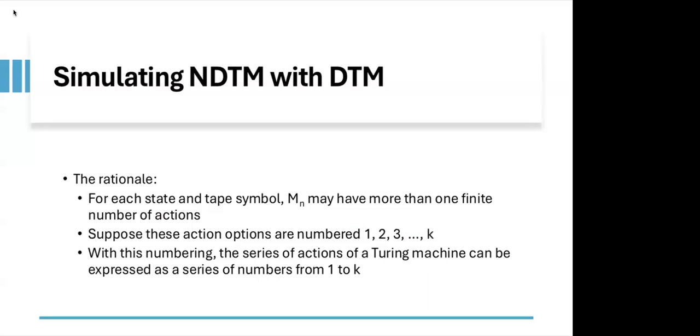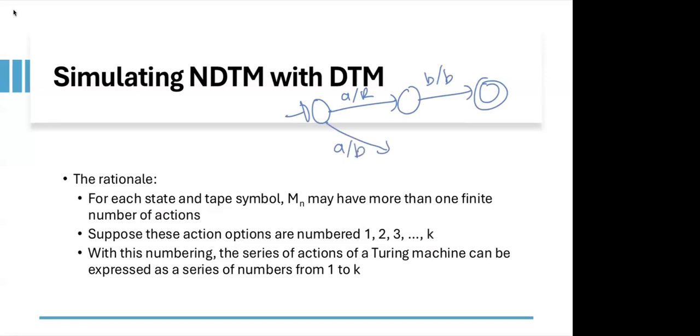So for example, I have this here. If I read A, we move to the right, for example. And here, if we read B, we go to halting, for example. But if we read A, we can also change it to B, for example.